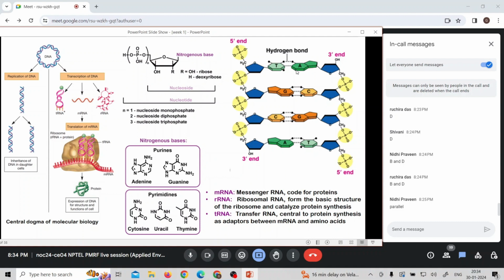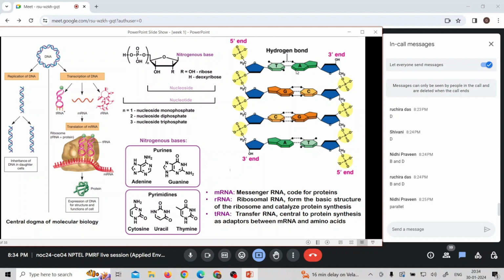Many such nucleotides are going to get bonded using this phosphodiester bond, and that is why you will be getting a single strand of a DNA. Similarly, when these two single strands are complementary to each other and are bonded with hydrogen bonds, you will get a double helix of the DNA.